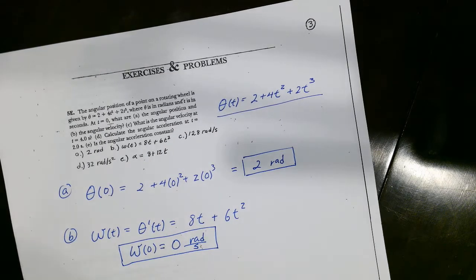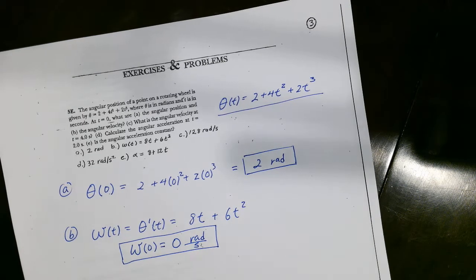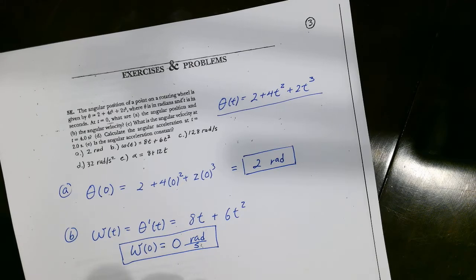Good. Next, for part C, they want you to figure out what the omega is at 4 seconds. So for part C, what is the angular velocity at t equal to 4 seconds?